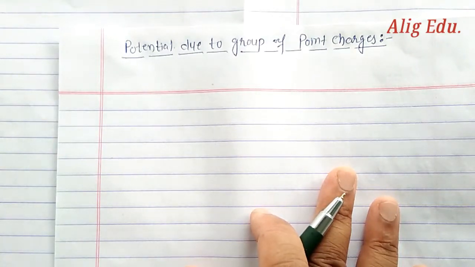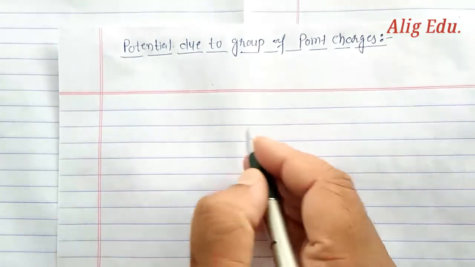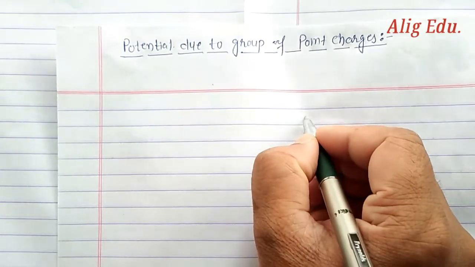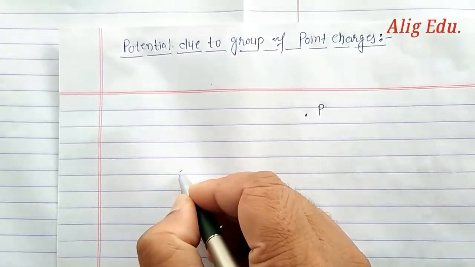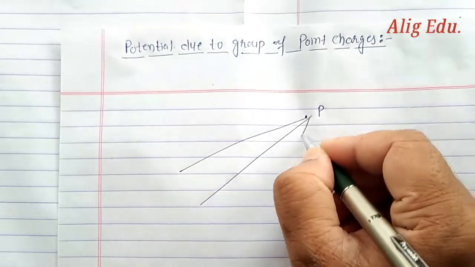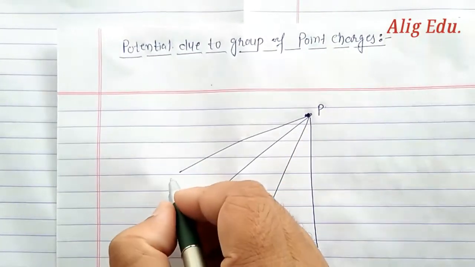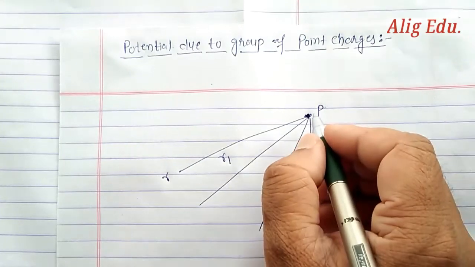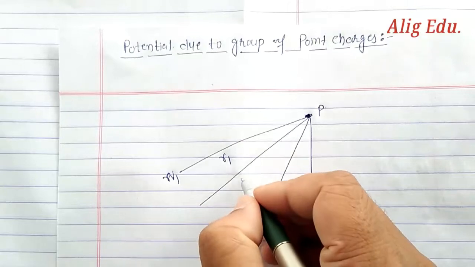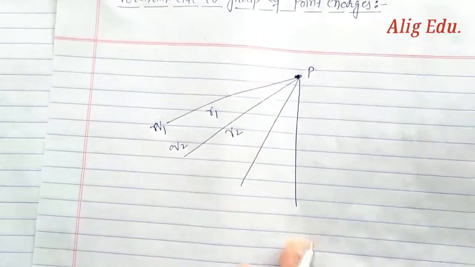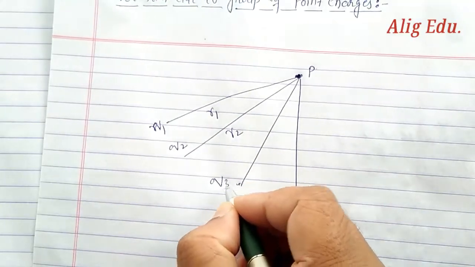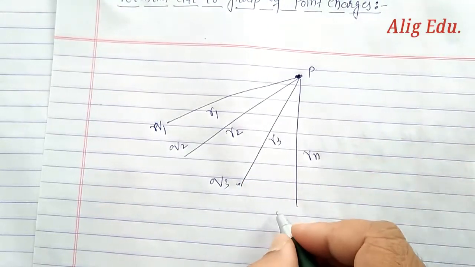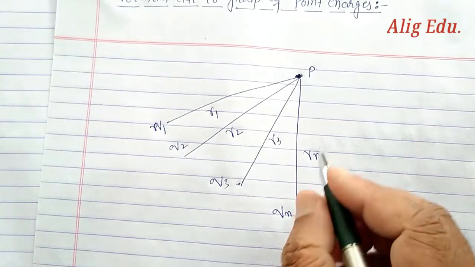For getting this derivation, let R1, R2 and R3 up to Rn be distances of point P. R1 is the distance of point P from where the first charge Q1 is placed, R2 where Q2 is placed, R3 is the distance between the charge and point P, and similarly Rn is the distance of charge Qn to point P.